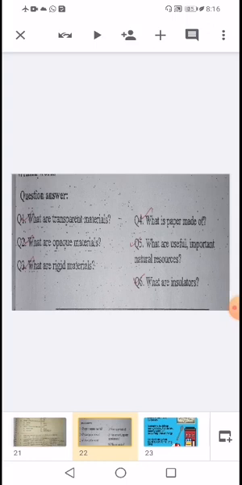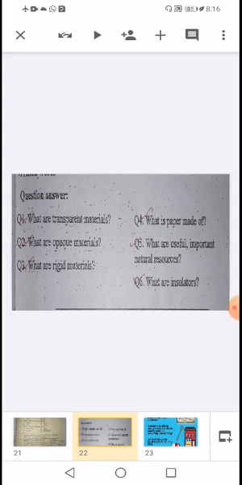We already did these questions in the notebook. Next is, what are opaque materials? The materials which do not allow light to pass through them are called opaque materials.